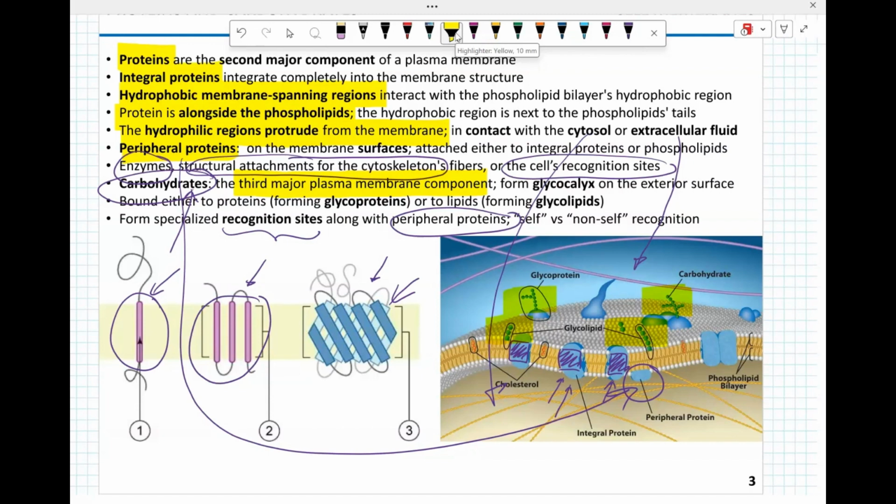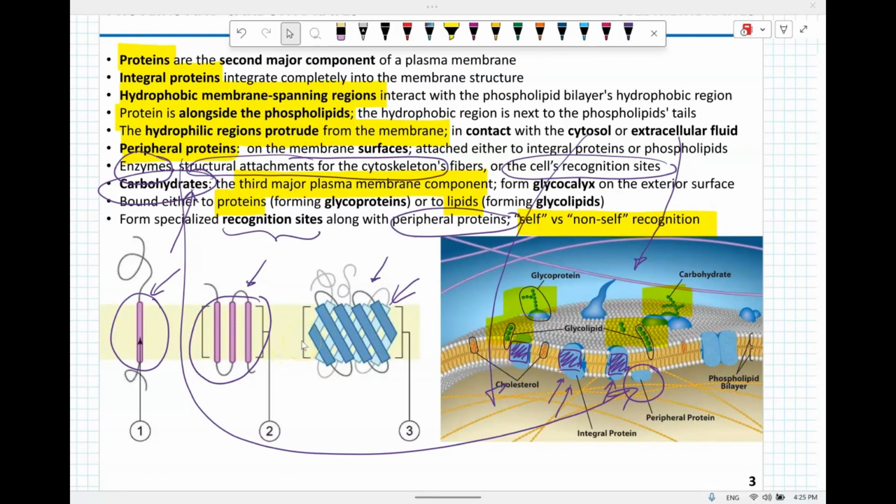Glycocalyx, composed of carbohydrates attached to either proteins or lipids, is essential for the cell recognition. The specific set of glycoproteins or glycolipids on the surface of the cell allows cells of the immune system to distinguish between self and non-self cells.